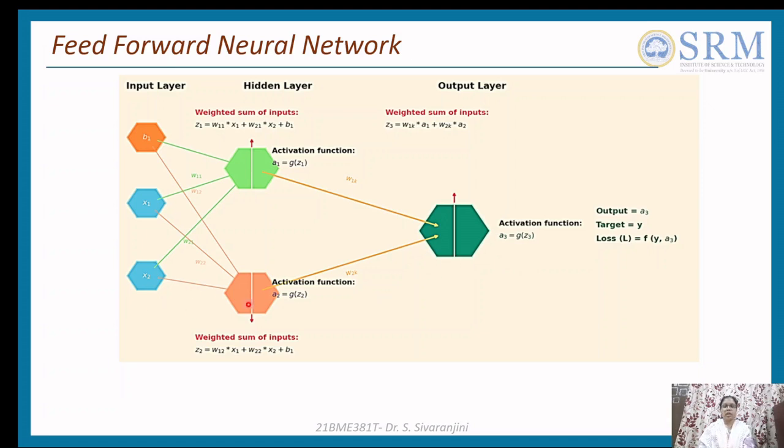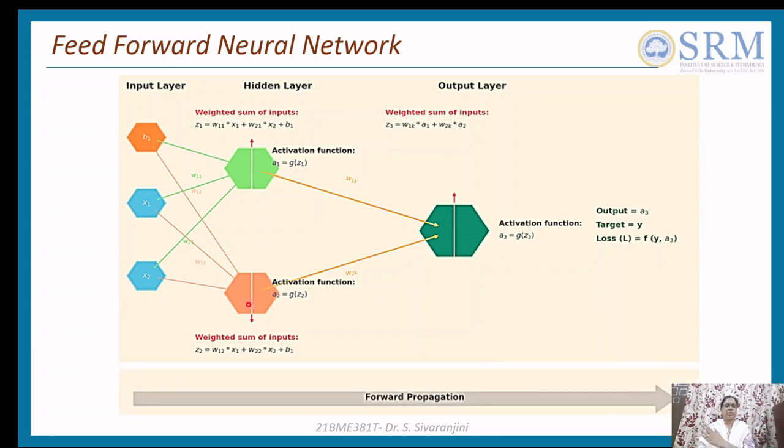This is forward propagation: the process of passing the input values layer by layer, with each layer applying a weighted sum and activation until the final output is produced.